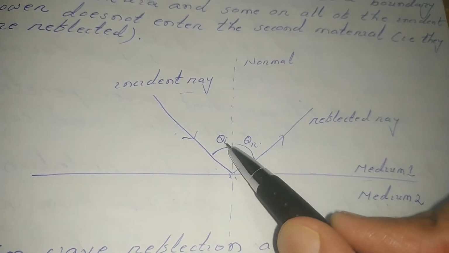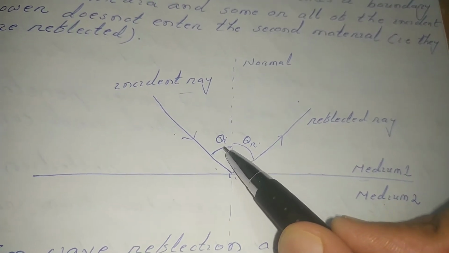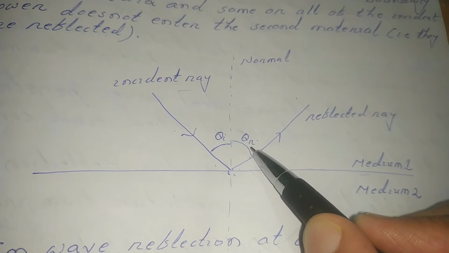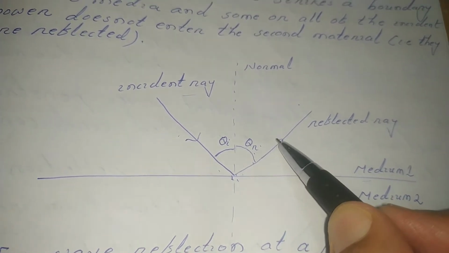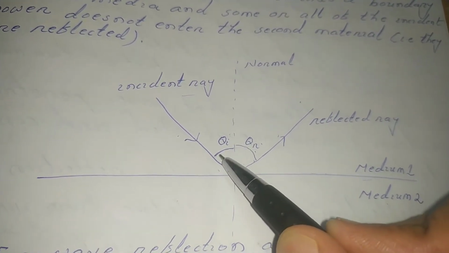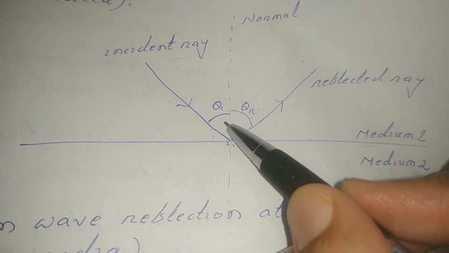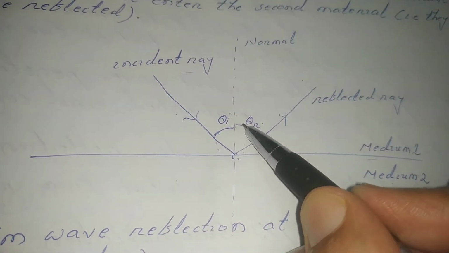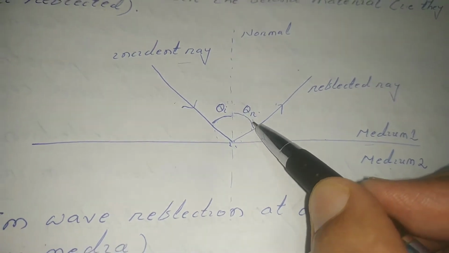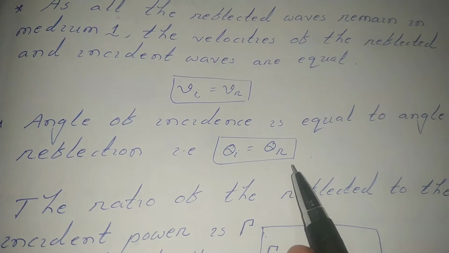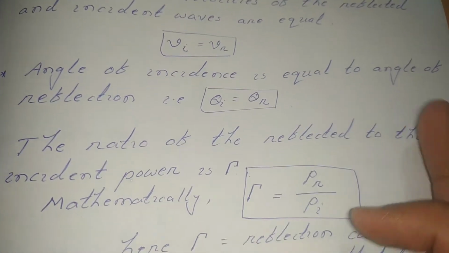This theta i represents the angle of incidence, and theta r, this is your angle of reflection. That is the angle between the reflected ray and the normal, and angle of incidence is the angle between the normal and the incident ray, and these theta i and theta r values are same. Theta i equal to theta r. Those are the basic properties of reflection.